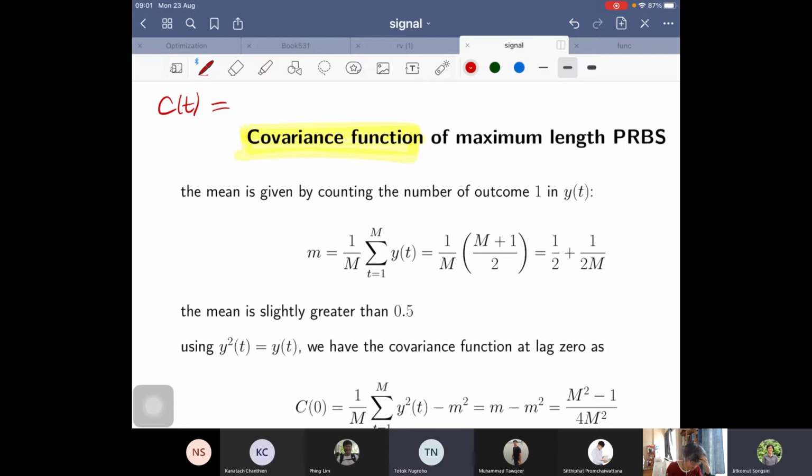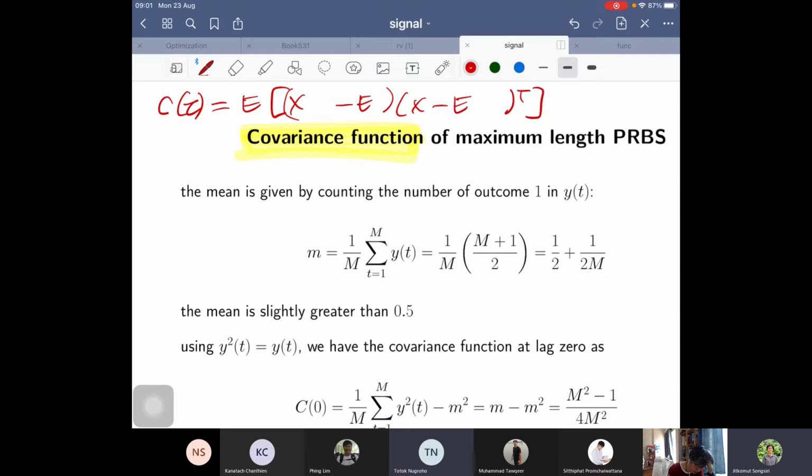Expectation of, for example, x minus the mean of x, multiplied by x minus the mean of x transpose.